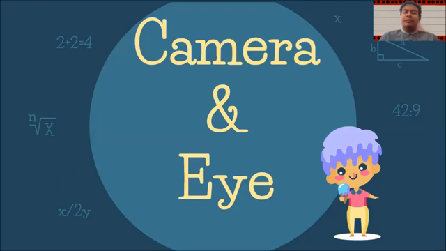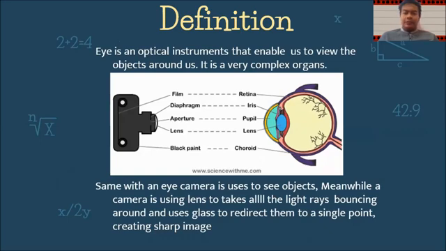Next topic, we talk about the camera and the human eye. We're going to talk about the definition. The eye is an optical instrument that enables us to view the objects around us. It is a very complex organ.